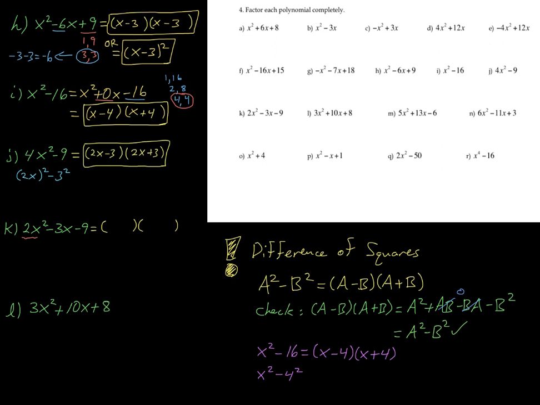So for the 2x squared, what do I want? I need a 2x and an x. For the minus 9, ignoring the sign again for the moment, just the 9, two numbers that multiply to give me 9. I could try 1 and 9, or I could try 3 and 3.